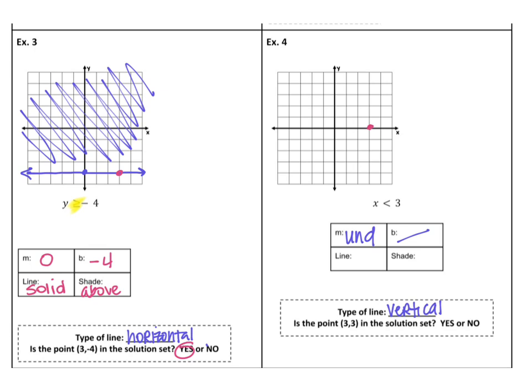Now I just need to look at what type of line, because it's less than. That's going to tell me that I'm going to have a dashed line. It's not equal to. And the shading is going to be below, because x is less than. But what does below look like for a vertical line? It's just to the left.